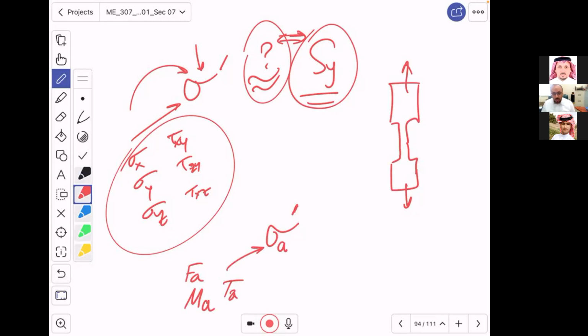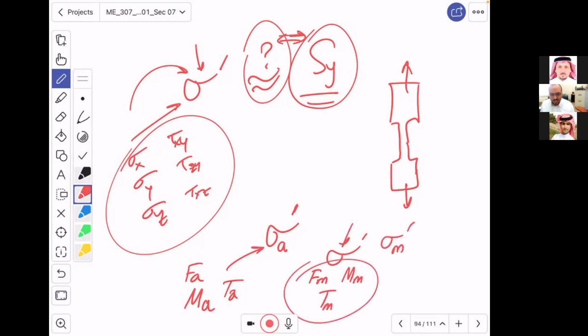What is it going to give me? It's going to give me an equivalent amplitude. And then I use the same von Mises equation to put Fm, which is not the radio station, the mean force, and then the mean moment, and the mean torque. What do we get? Put all this inside here, I will get sigma prime m.